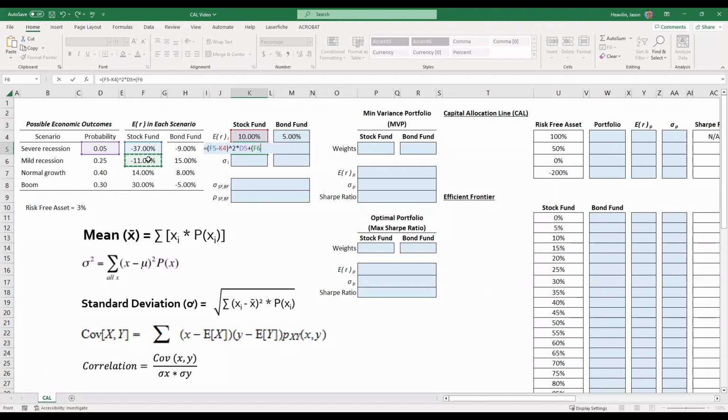So again, don't forget to square it. I have to put these parentheses because if not, the order of operations, PEMDAS, will not work properly.